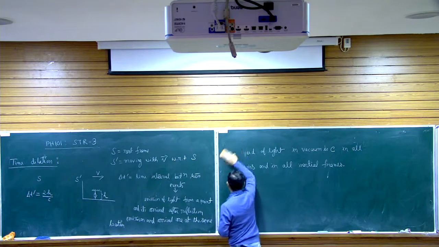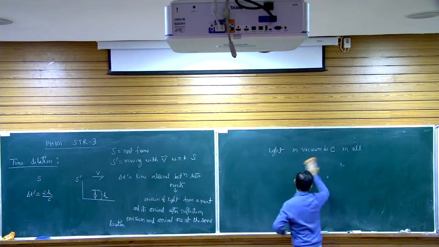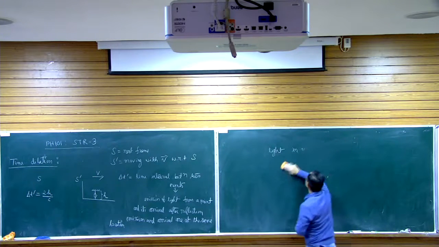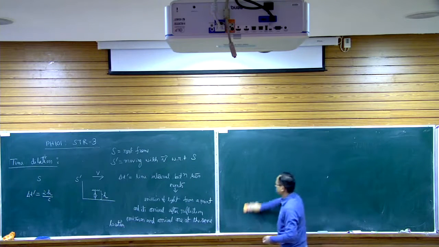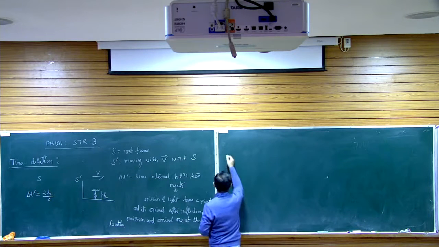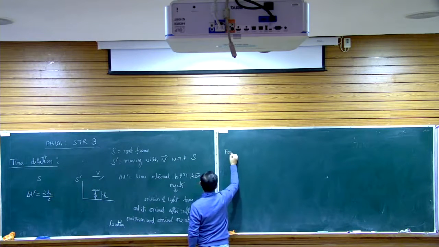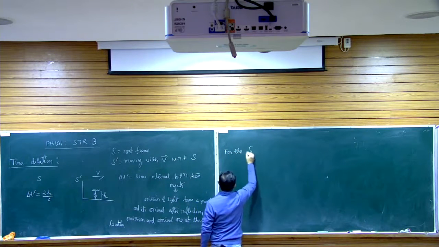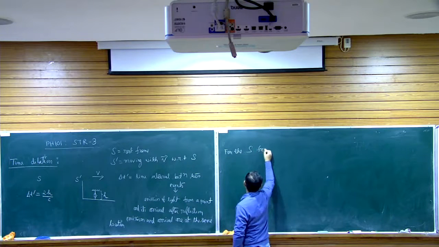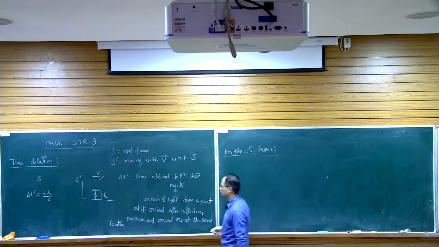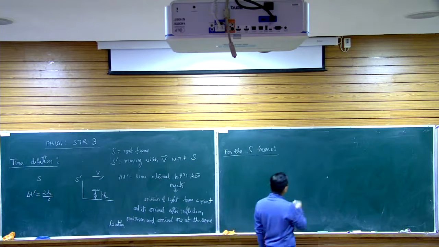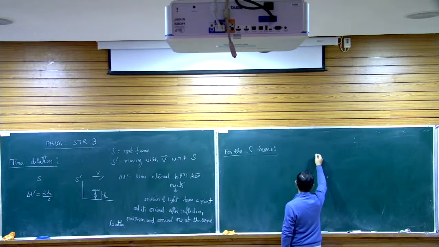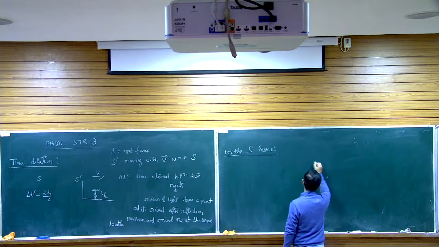What about the observer in S frame? For the S frame, or for the observer who is in the S frame. Now you see, according to the observer, the train is moving with a velocity v.